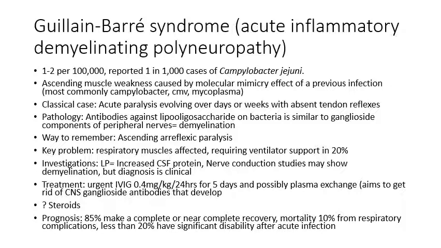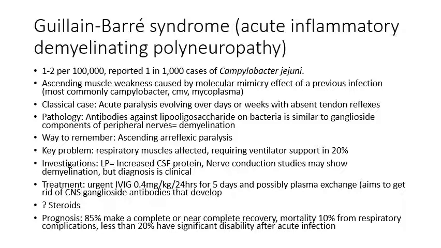And thus you would get antibodies against this, leading to demyelination of most commonly peripheral nerves. This would tend to cause an acute paralysis that would start slowly but evolve over days or weeks and cause an ascending areflexic paralysis. The symptoms can include paresthesia, weakness, and overall paralysis.